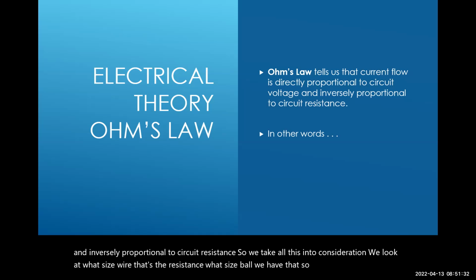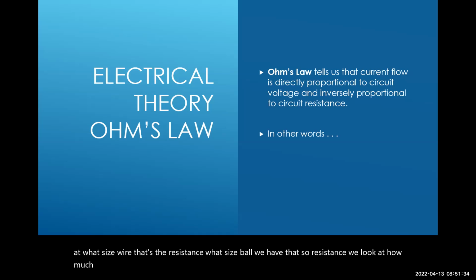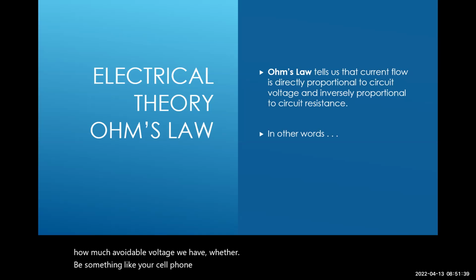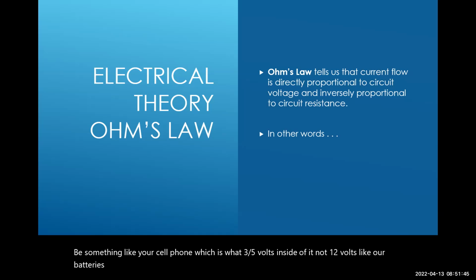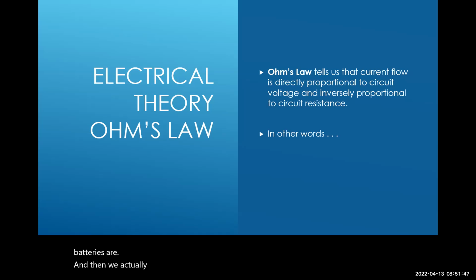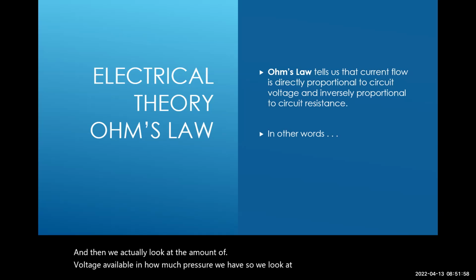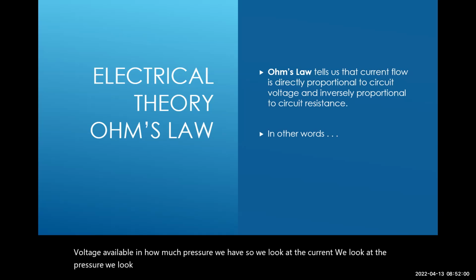We look at how much available voltage we have, whether it be something like your cell phone, which is 3.5 volts inside of it, not 12 volts like our batteries are. And then we look at the voltage available and how much pressure we have. Okay, so we look at the current, we look at the pressure, we look at also the resistance as we go across.